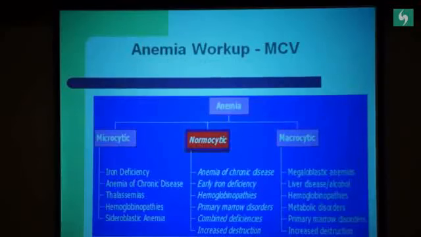Now, if I have to base my workup on the MCV, we would divide it into microcytic, and the common causes we expect are iron deficiency, anemia of chronic disease, thalassemias or other hemoglobinopathies, or rarely sideroblastic anemia. Then we go on to macrocytic anemia.